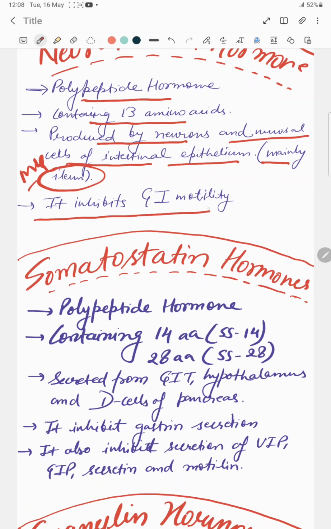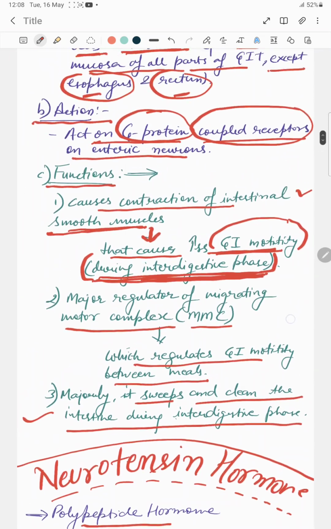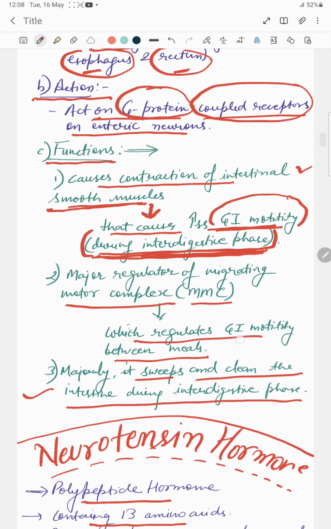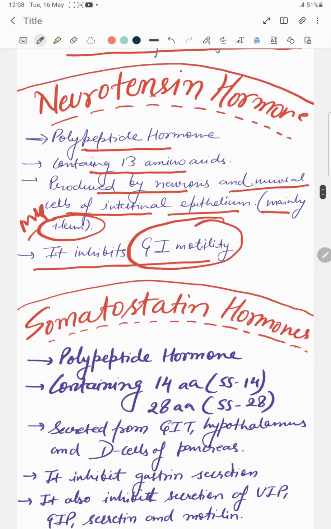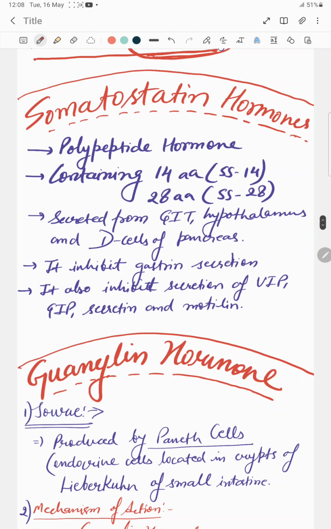The main function of neurotensin is that it inhibits GI motility. Here we learn about increased GI motility during the interdigestive period by motilin, and here we learn that GI motility is inhibited via neurotensin.